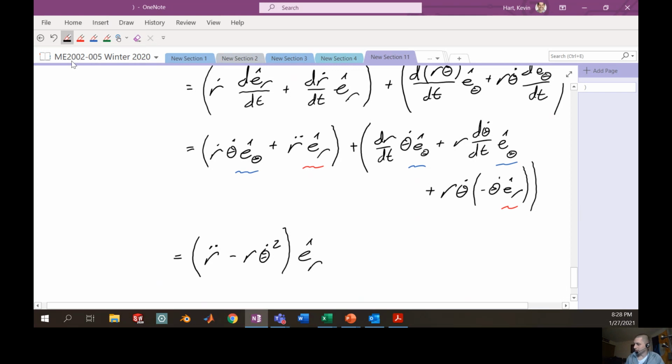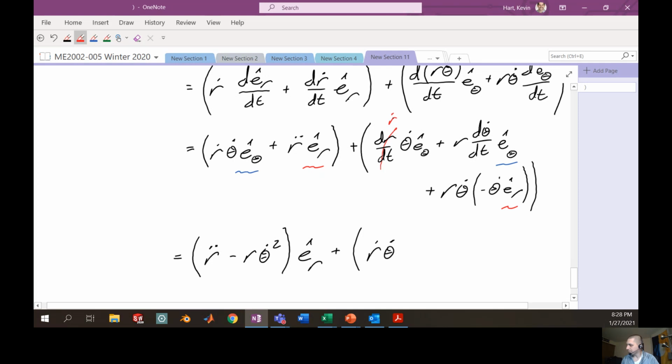Okay. Now I want my e hat theta terms. So again, here's an e hat theta term. Here's another e hat theta term, and that is r dot theta dot.